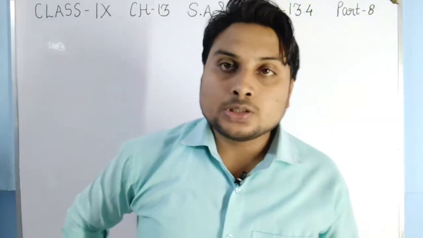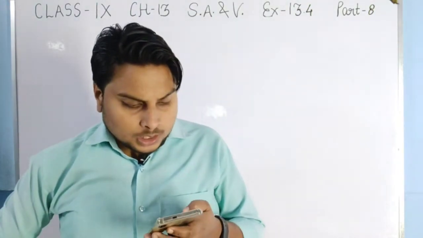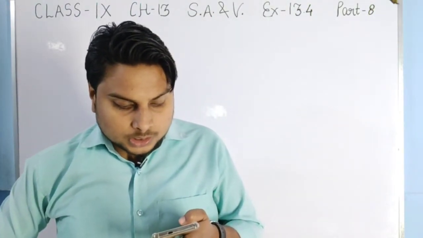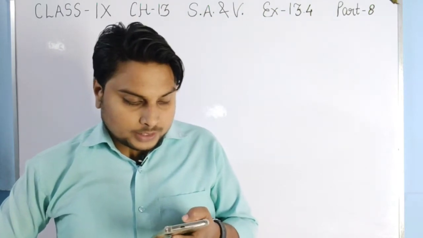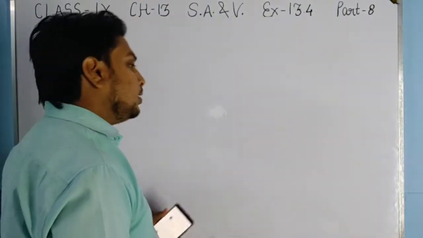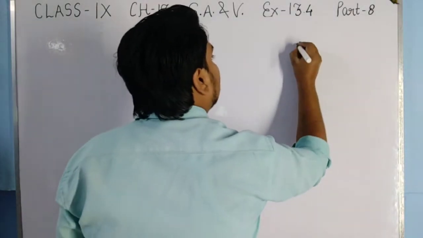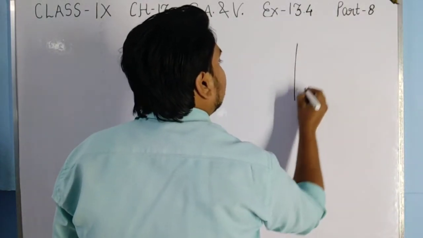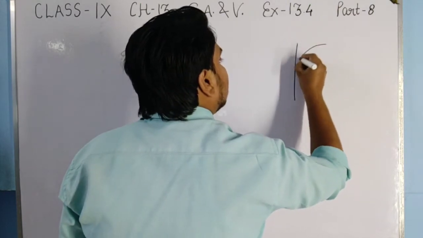Coming to the last question, students. Last question is what? A right circular cylinder just encloses a sphere of radius r. So a right circular cylinder just encloses a sphere, meaning suppose the sphere is like this.